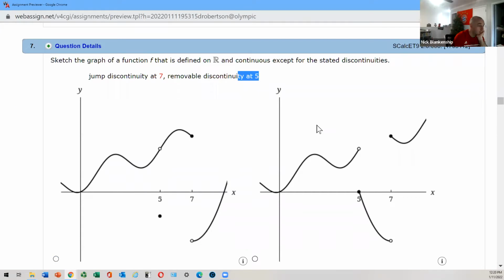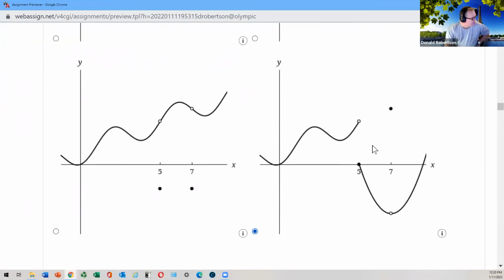First one. Do you agree that's got a removable there and a jump there? Would you agree this one's no good because aren't both of them jump? Would you agree this one's no good because aren't they both removable? And isn't this one no good because that guy is a jump and it should be removable, and that's a removable and it should be a jump?